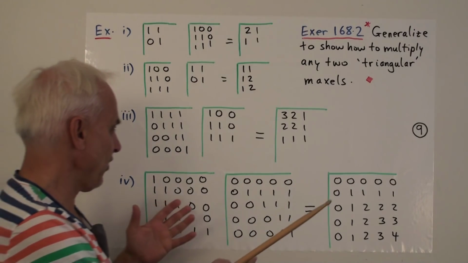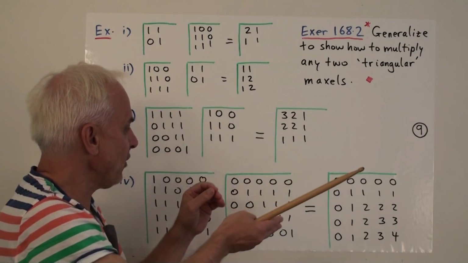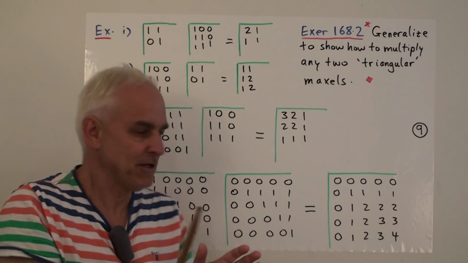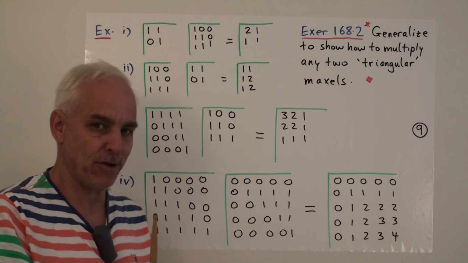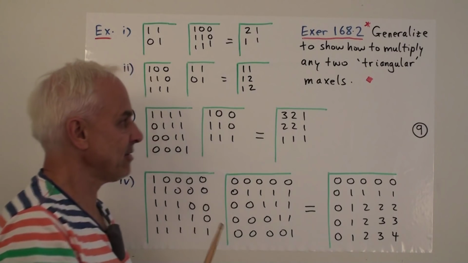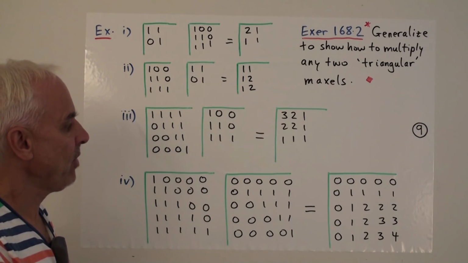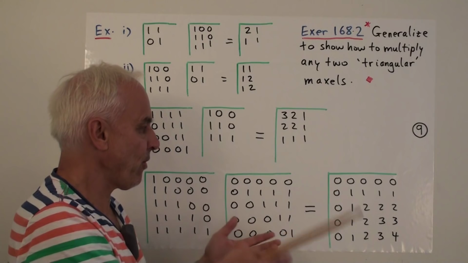So already, just in this sort of simple kind of very specialized subcase, we're only multiplying upper triangular or lower triangular maxils, uniform. We can see that there's some kind of combinatorial thing going on.